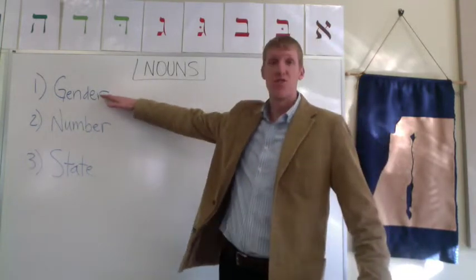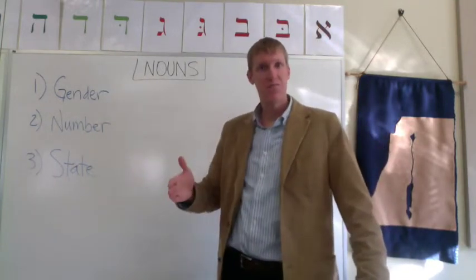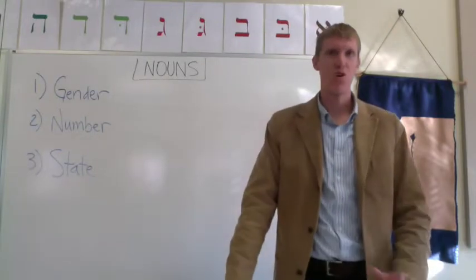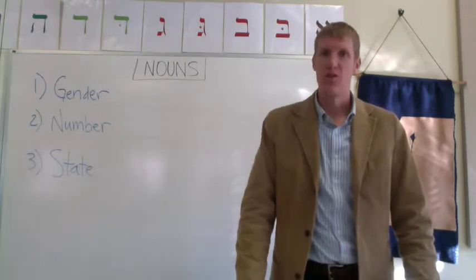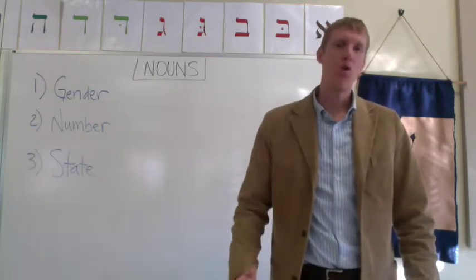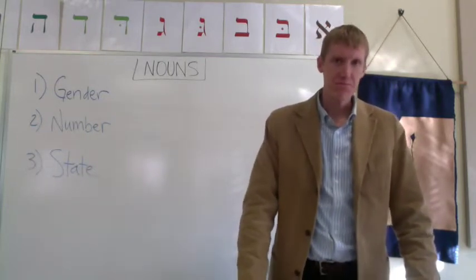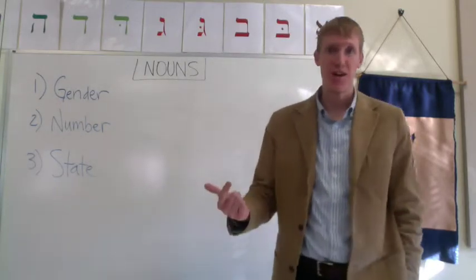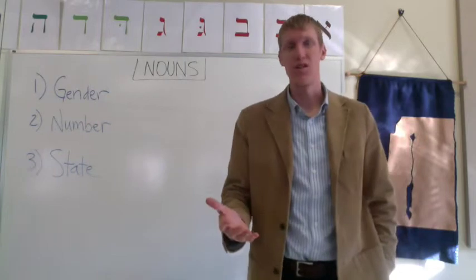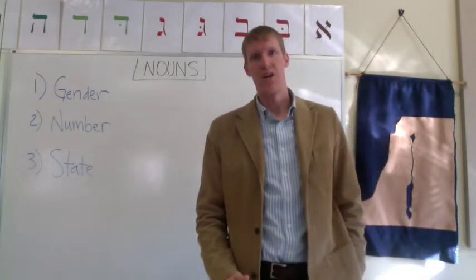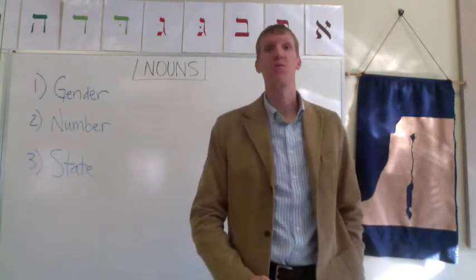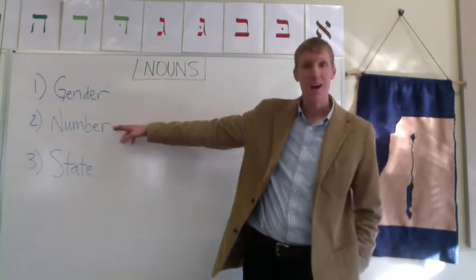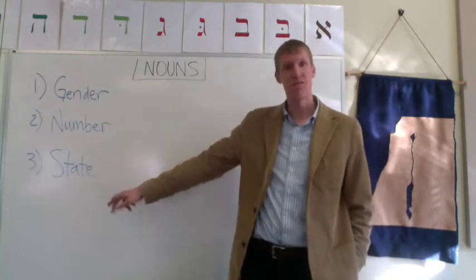The two options for gender are masculine or feminine. In Hebrew, there is no neuter. There's no generic noun. They're either masculine or they're feminine. And the gender of the noun is communicated, revealed, through the ending. Different endings will communicate different things with regard to both gender and number, and sometimes state as well.